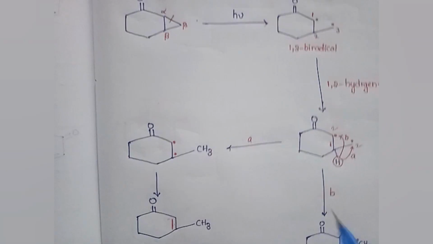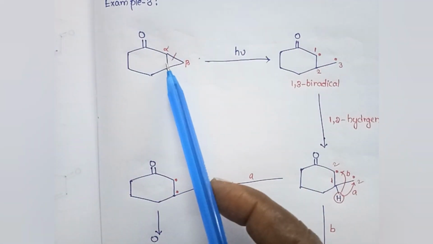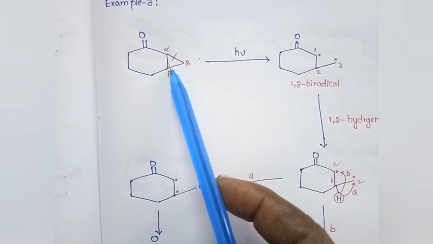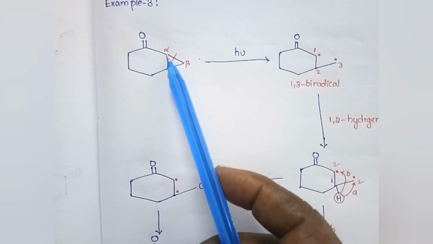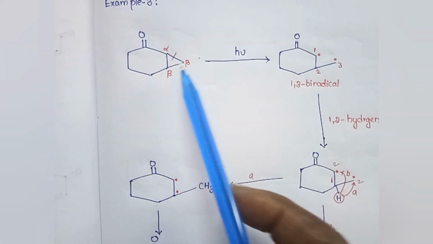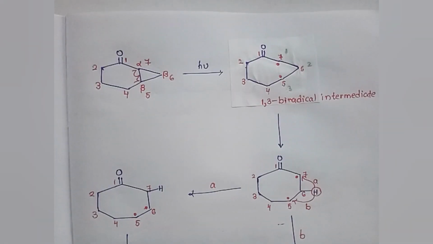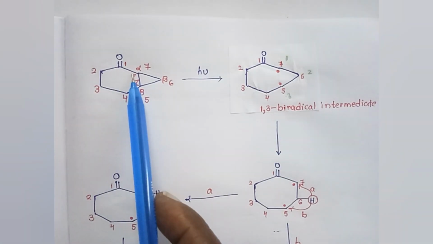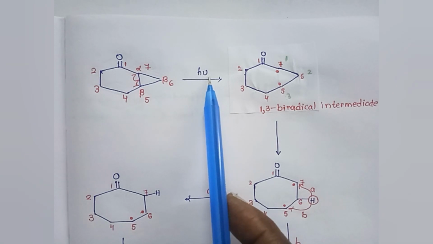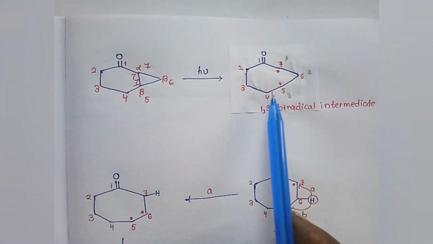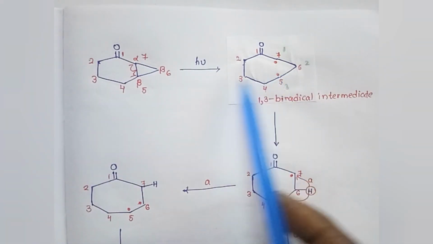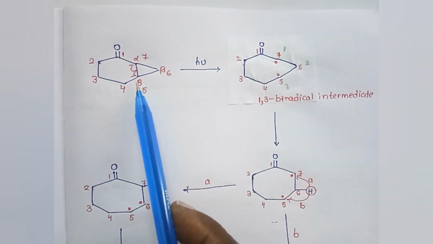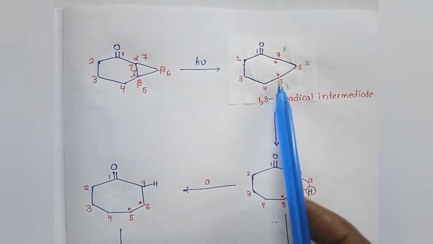Now let us see what happens when this bond cleaves. This alpha carbon and this beta carbon bond cleaves. Now when this bond is cleaved upon irradiation by UV light, we get two radicals, one on this carbon atom and another on this carbon atom.